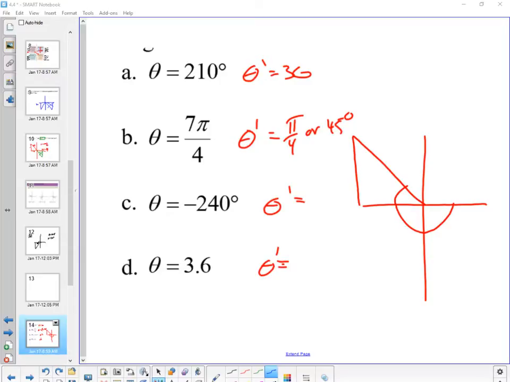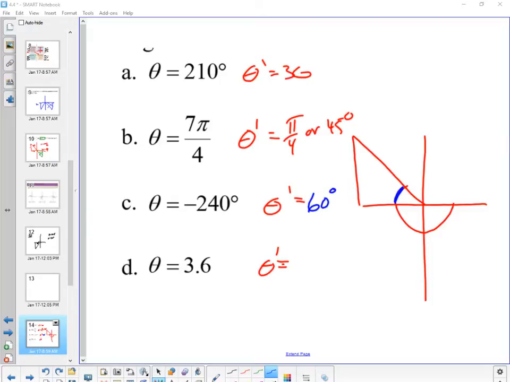That red arc is theta, okay? The one that I'm going to trig with is this angle that goes from here to there. So my question to you is, how many degrees is that little angle? 60. However you do that mathematically is up to you. My theta prime is 60 degrees.